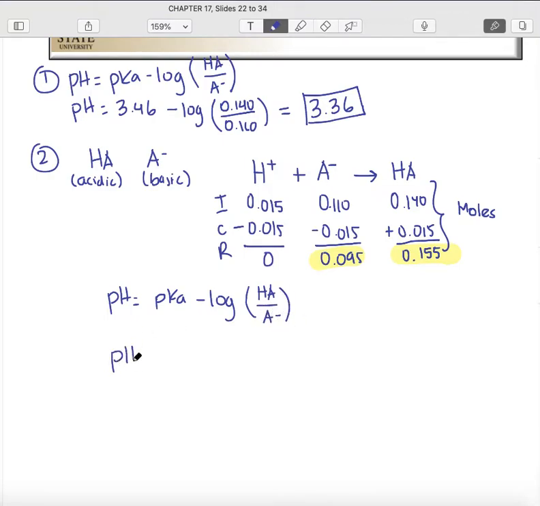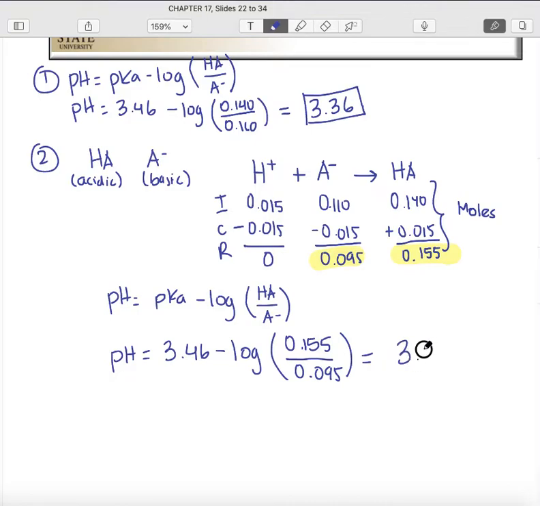So therefore pH is equal to the pKa, which we said was 3.46, minus the log of the new ratio, where the HA is 0.155, and the A minus is 0.095.